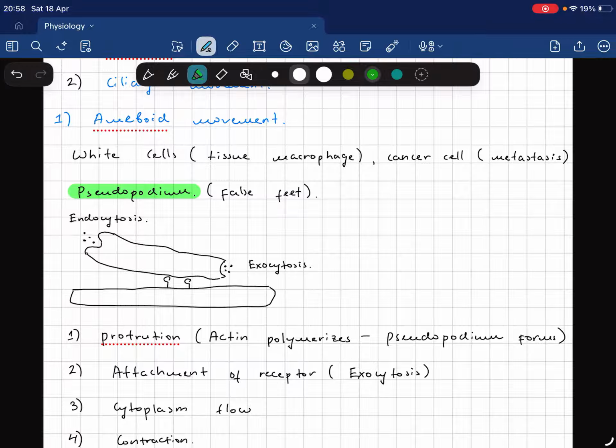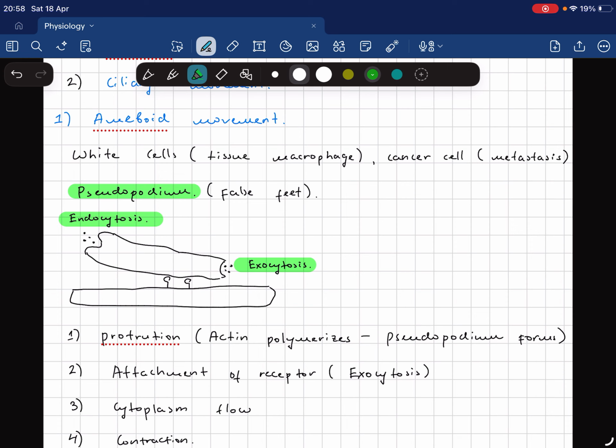Through the false feet, amoeboid-like cells move. I just wrote down the mechanism of how it moves. On the front side, we do exocytosis, and at the back we do endocytosis. I wrote down the 4 basic steps of the mechanism of amoeboid locomotion.